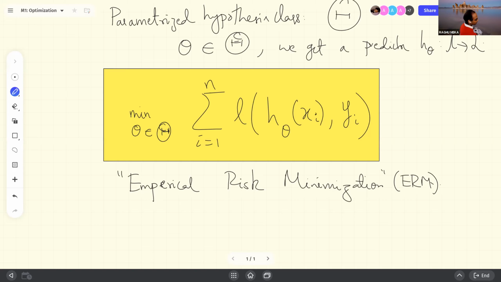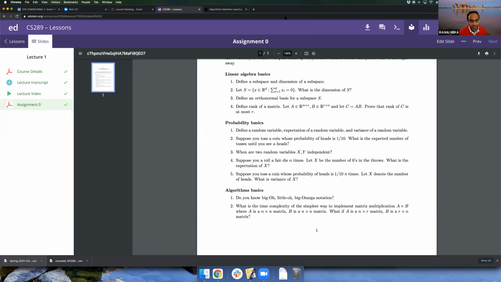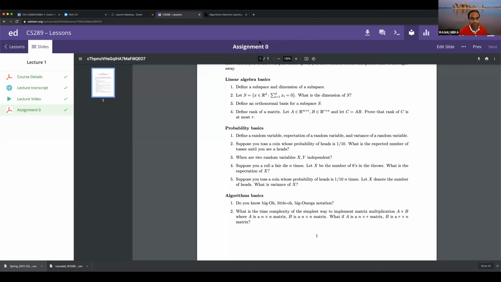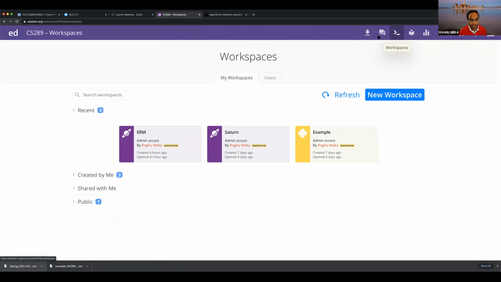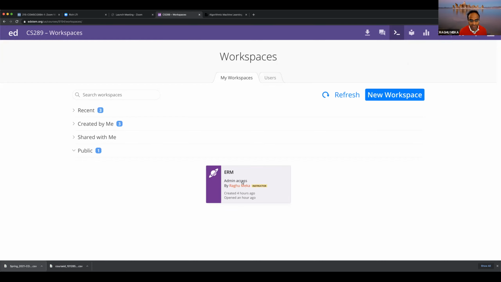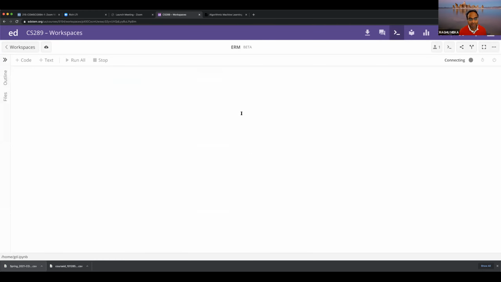I'll end today here, but let me just do one thing. If you go to EdStem and you have access to it and you go to workspace, you see this ERM workspace here.